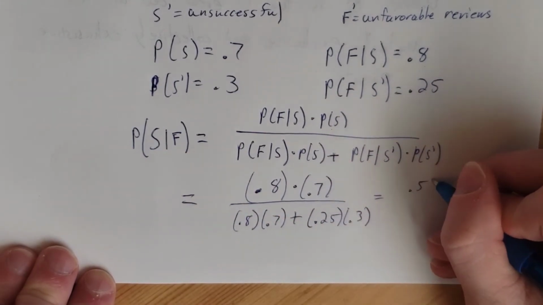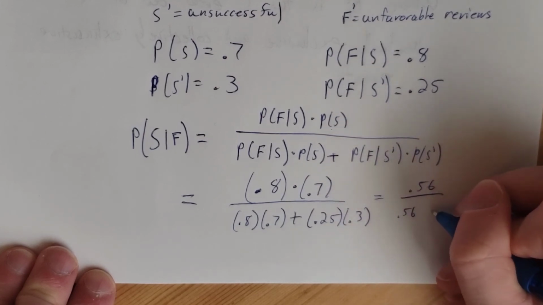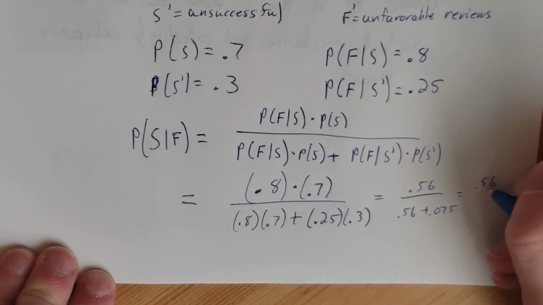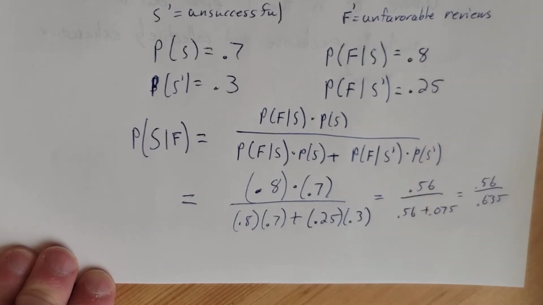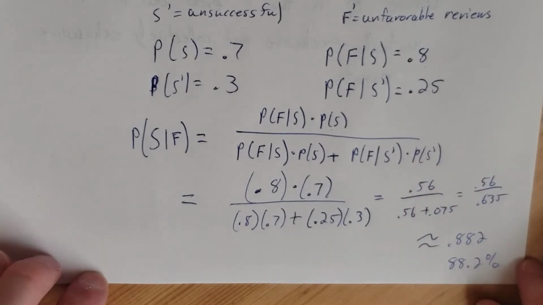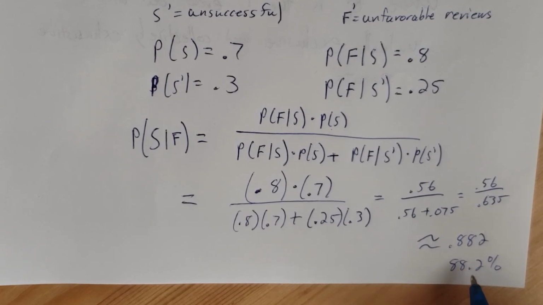We get 0.56 over 0.56 plus 0.075, which is 0.56 over 0.635, which is approximately 0.882. So about an 88.2% chance that our TV will be successful on the market given that it was given a favorable review in our survey. And so there's an example using Bayes' theorem.